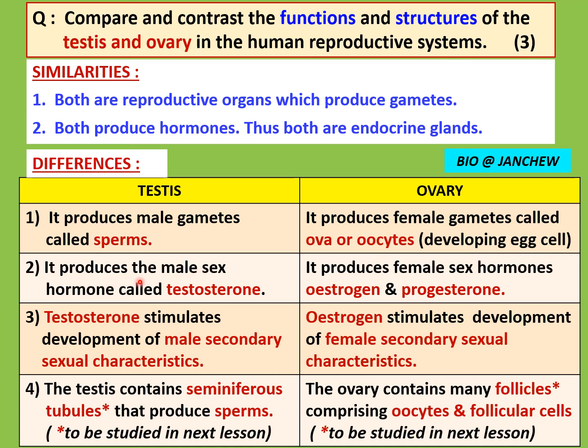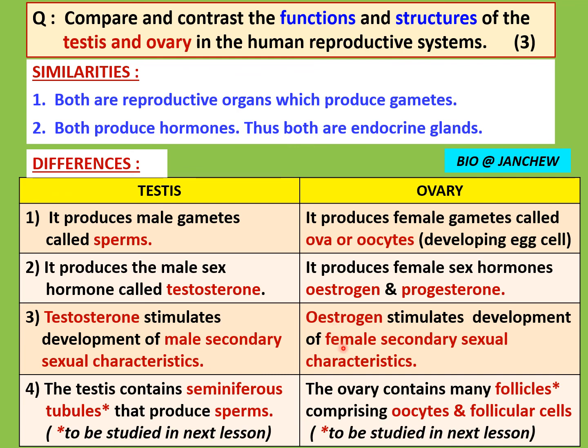The testis produces the male sex hormone called testosterone, but the ovary produces the female sex hormones, which are different, the estrogen and progesterone. Thirdly, testosterone stimulates the development of male secondary sexual characteristics, such as the deepening of the voice and the growth of the beard or moustache.